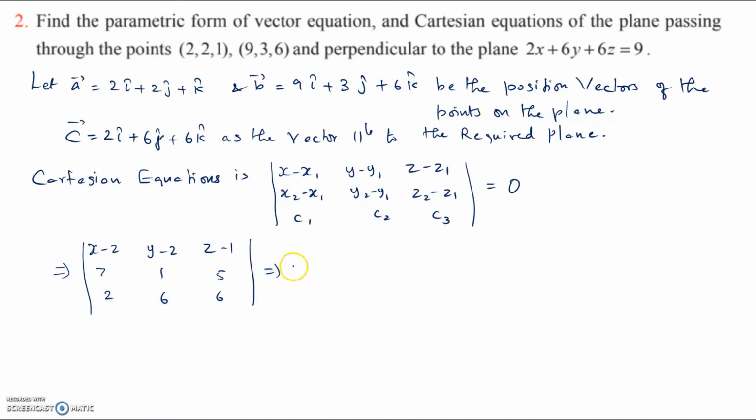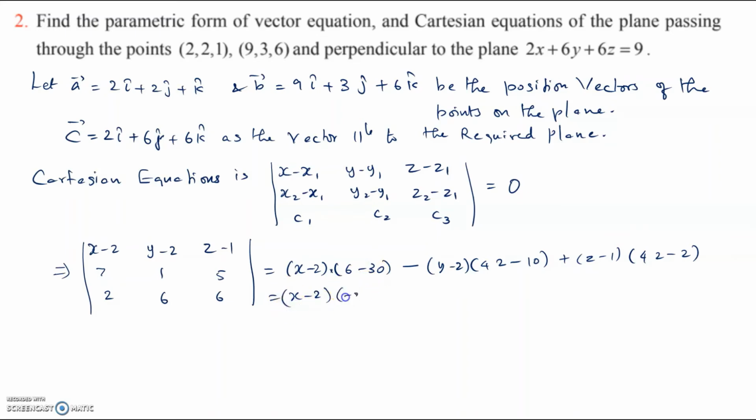So this will be equal to x minus 2 into 6 minus 30, then minus y minus 2 into 42 minus 10, plus z minus 1 into 42 minus 2, which is equal to x minus 2 times minus 24 minus y minus 2 into 32 plus z minus 1 into 40.